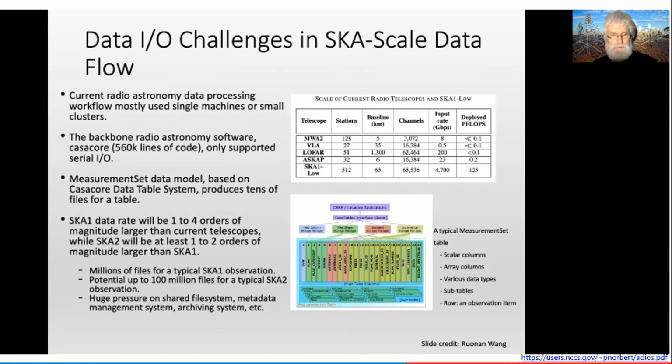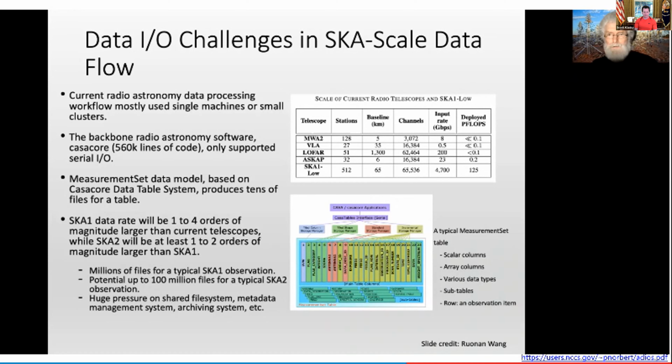Up to now, it only supported serial I/O. The measurement set data model, which is underlying this whole reduction system, is based on the so-called CASA-Core data table system and produces tens of files for a table. And that, at the end, will produce millions of files for typical SKA observations, potentially up to 100 million files for a typical SKA2 observation, and means a huge pressure on shared file systems, metadata management systems, and archiving systems.